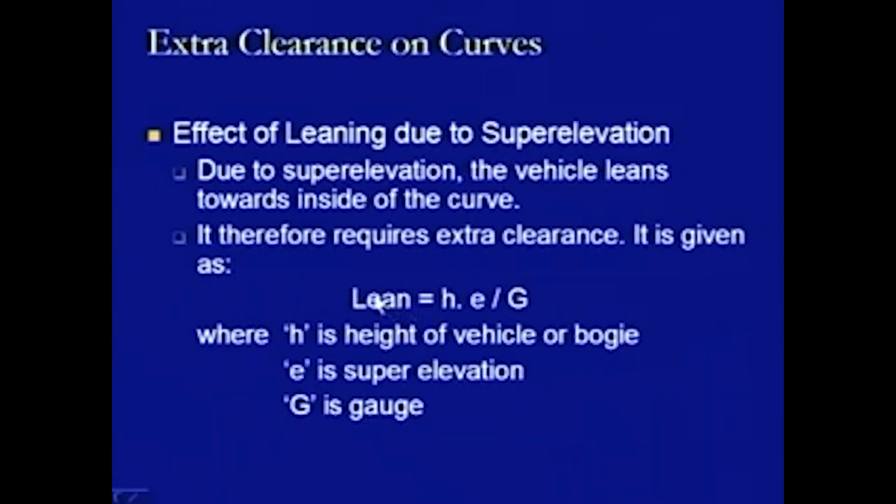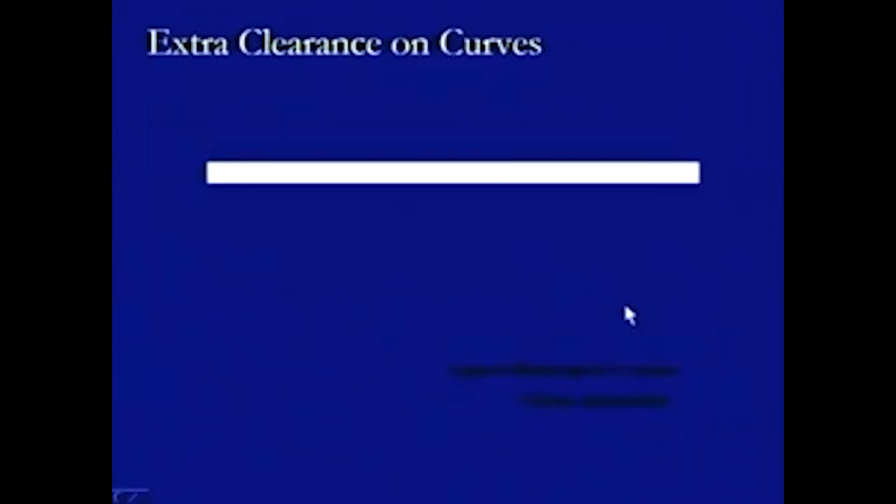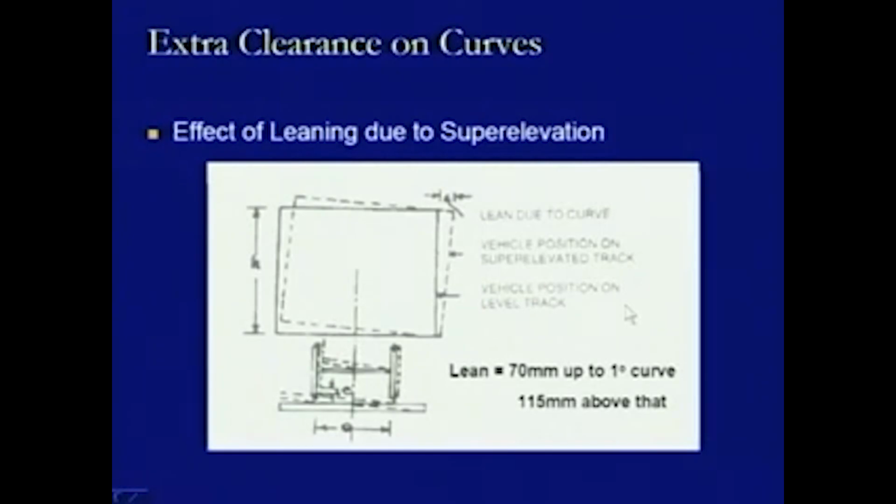So, lean divided by H is tan theta. Similarly, E divided by G is also tan theta. When we equate the two, we get lean equals H into E divided by G, and this is how we have found this value. This is what defines the effect of leaning due to super elevation.